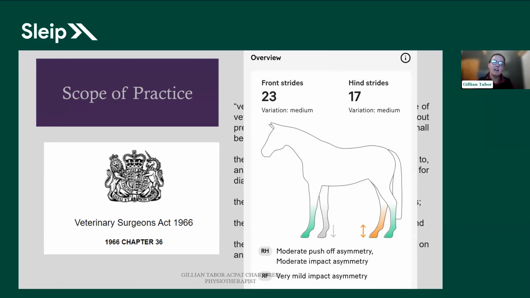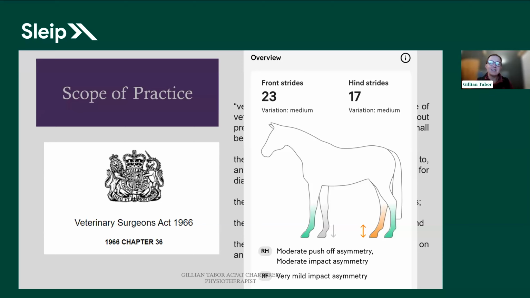And so if I have a picture like this that comes off the Sleip, and I was to say that that horse has got a right hind spavin, tarsometatarsal osteoarthritis, I would be working firstly illegally, and then also outside of my scope of practice from both the Veterinary Surgeons Act and my own standards of practice.